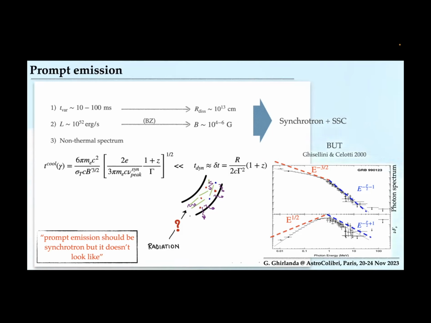And as you can see from this plot, this is one example, but there are many. The spectrum that is observed by any satellite, from the Compton Gamma Ray Observatory up to Fermi, is in most cases harder than what the theory predicts. So this was, for years, the major problem in understanding the prompt emission of these sources, called the synchrotron deadline.